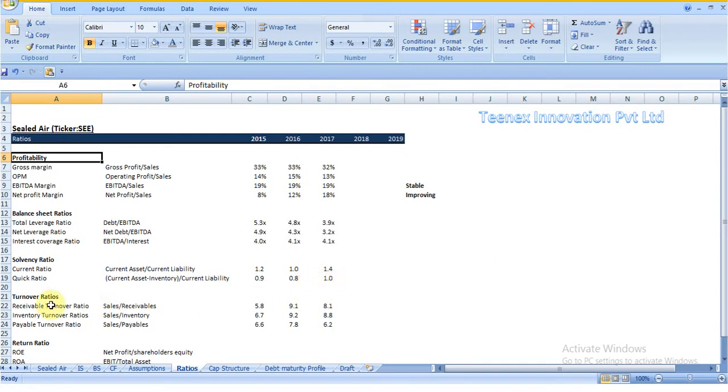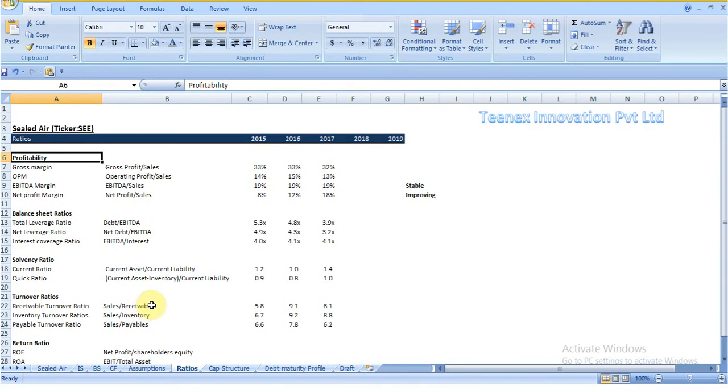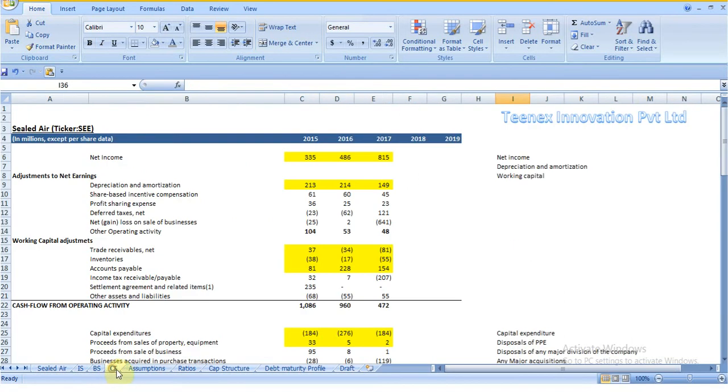And we also have turnover ratios. Apart from that, there are certain return ratios which we can calculate based on the available formulas. So this is broadly about the company's historical data: income statement, balance sheet, cash flow, and ratios.